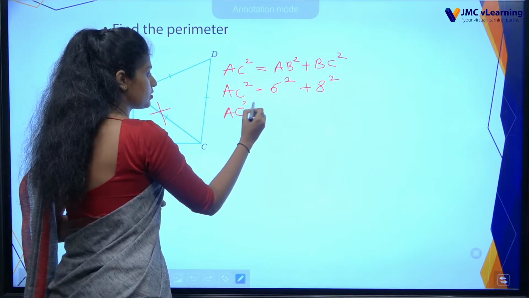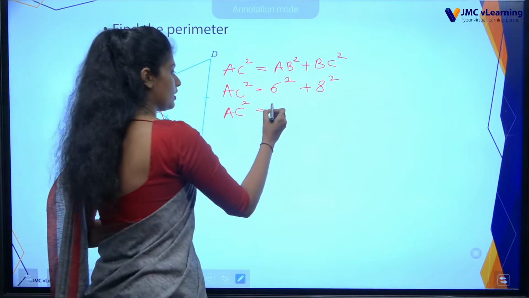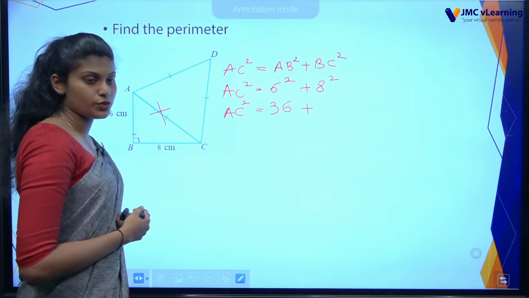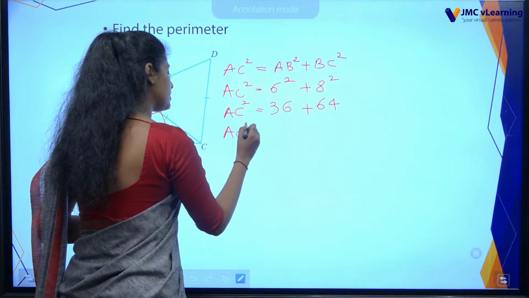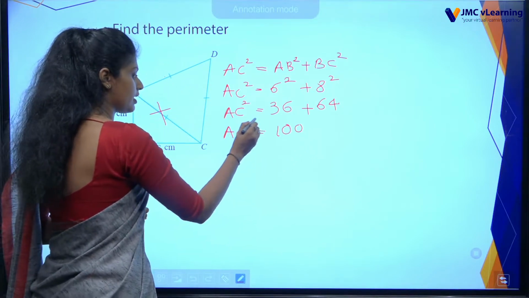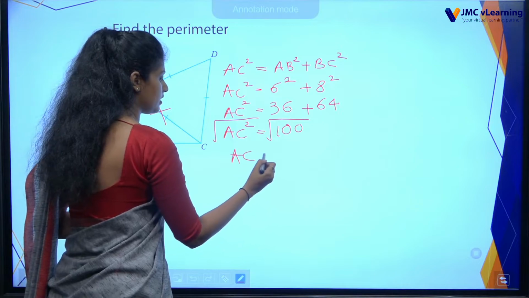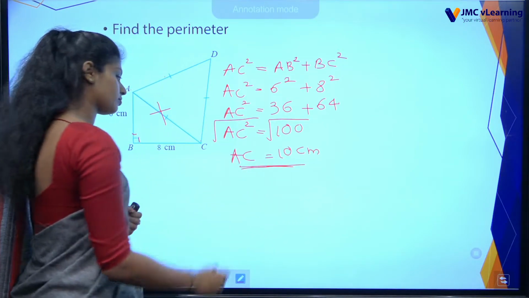So, AC squared is equal to 6 to the power 2, it is 36, add 8 to the power 2, 64. Then AC squared is equal to 100. Then let's take the square root. So, AC length is equal to 10 centimeter.